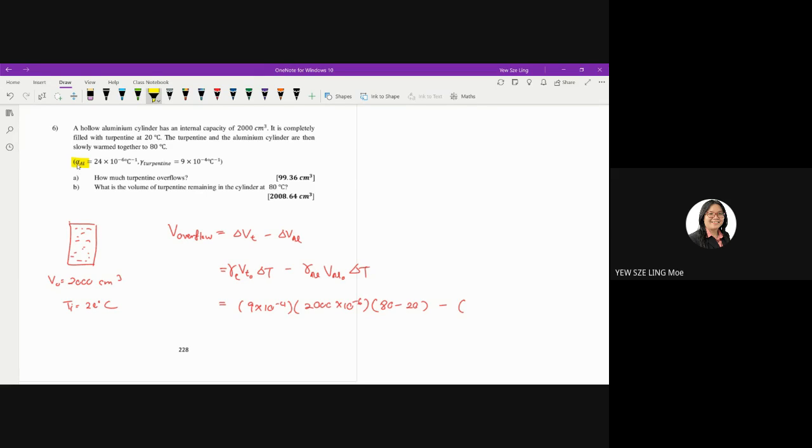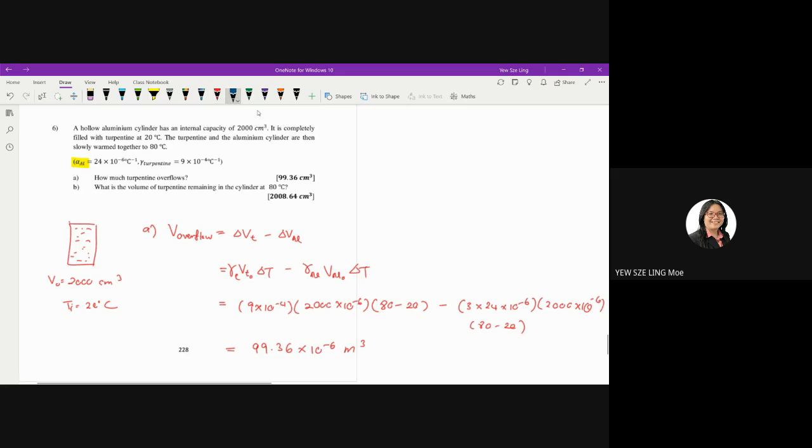Since this is an alpha, it should be 3 times 24 times 10 to the power of negative 6. That is your gamma aluminum, times 2000 times 10 to the power of negative 6, and again the temperature change is 80 minus 20 degrees. So the overflow equals 99.36 times 10 to the power of negative 6 meter cubed. That is the answer for question A, overflow.